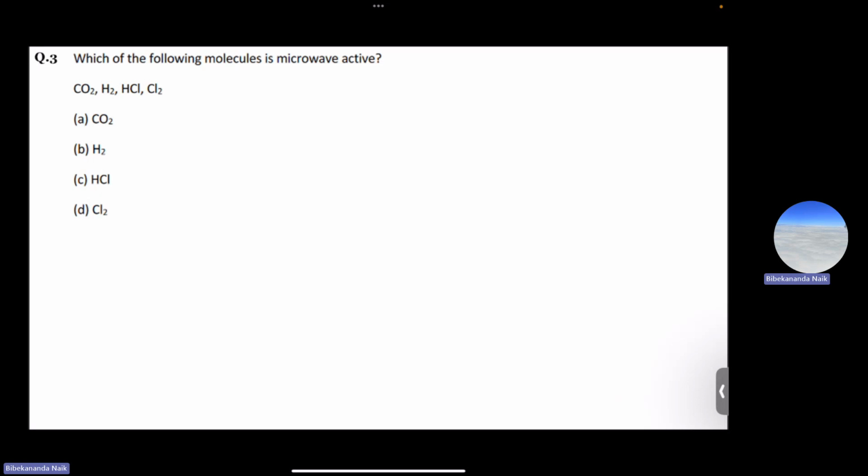Now you see here in A, the option is CO2. How is the CO2 formed? It is like this. Here we know the dipole moment comes as a result of a difference in electronegativity between the two atoms. The electronegativity of oxygen is greater than that of carbon.